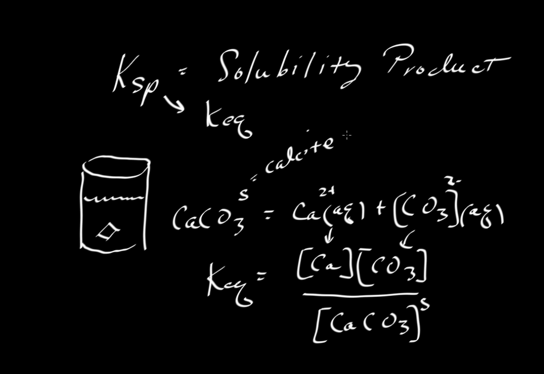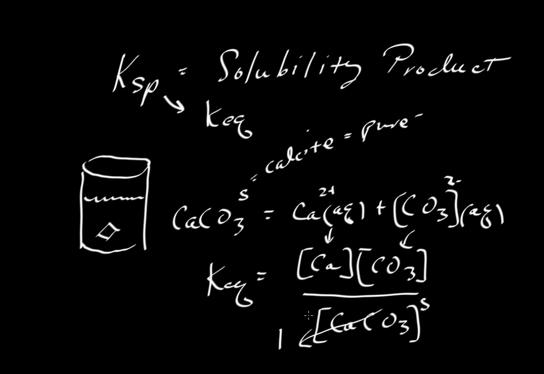If this calcite is pure or nearly so, maybe there's a little bit of magnesium carbonate or iron carbonate dissolved in there, but no matter. If it's effectively pure or mostly pure, then this is going to be very close to 100%. The concentration of calcium carbonate in that solid phase, if it's 100%, is effectively, as a fraction, very close to 1, and so we can ignore it.